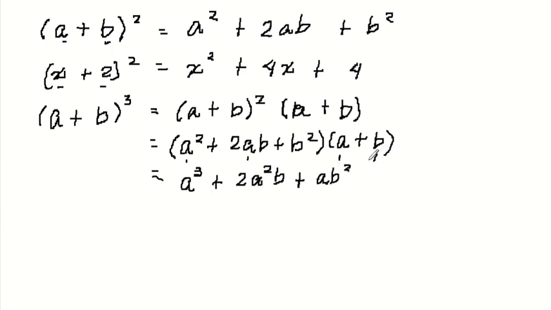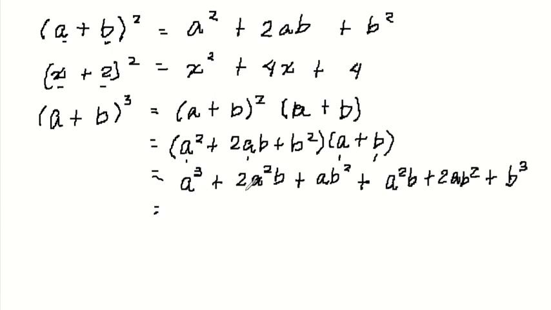And then we distribute b, we do the same thing to all the terms inside the first factor. B times a squared is a squared b plus b times 2ab is 2ab squared plus b times b squared is b cubed. Okay? It's a long process, but that's how we do it.